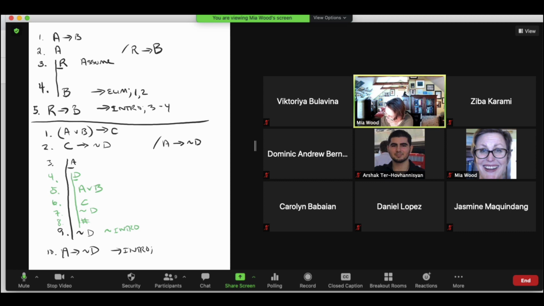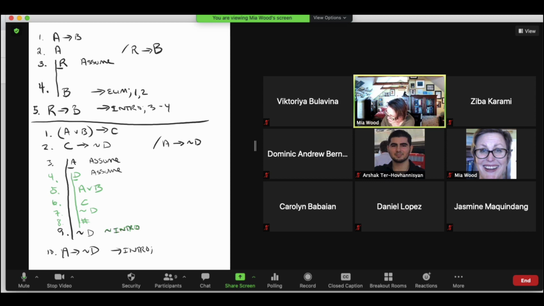So, I'll make it up to you. We assume A, and we want to derive not D. Then, in order to derive not D, we assume D, generate a contradiction so that we can get out of the nested subproof and introduce the negation.